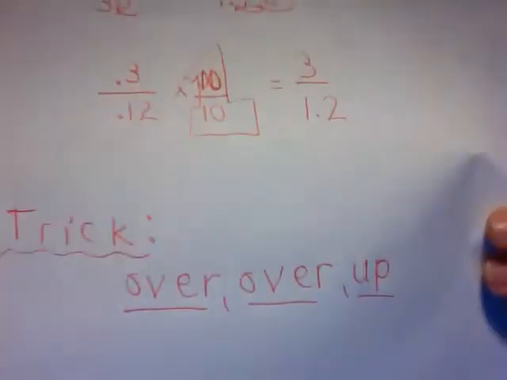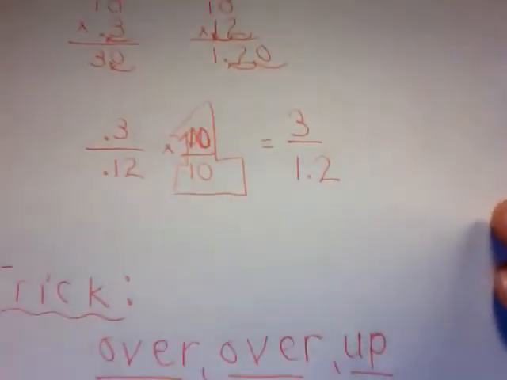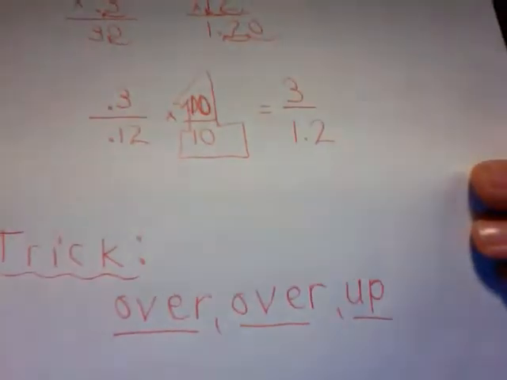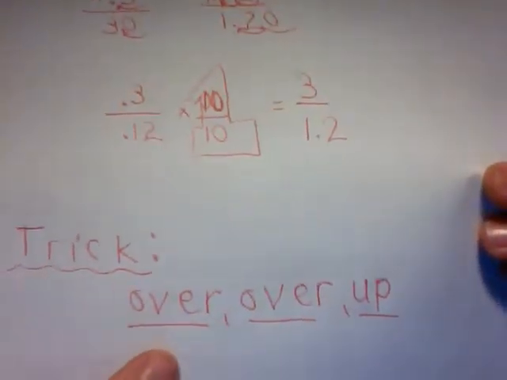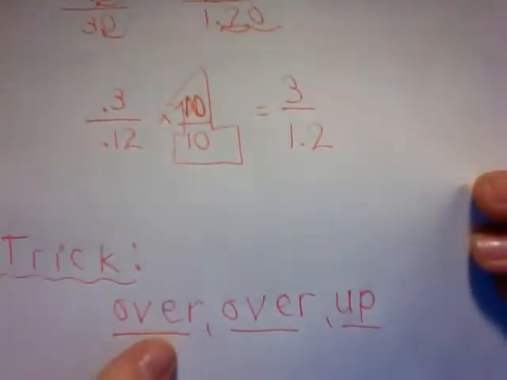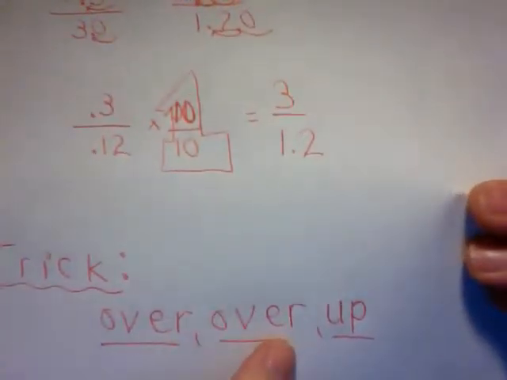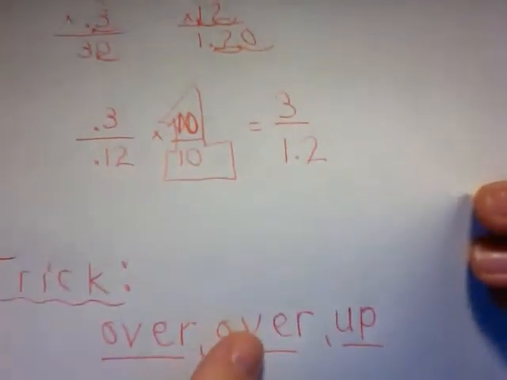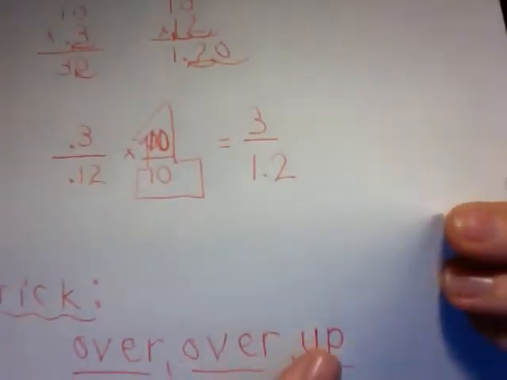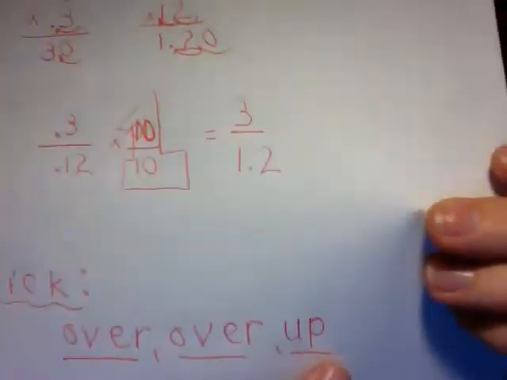We are going to take the decimal in the divisor and move it as far over as we can. Then we're going to move the decimal in the dividend as many places over as we went there, and then our decimal now goes up.